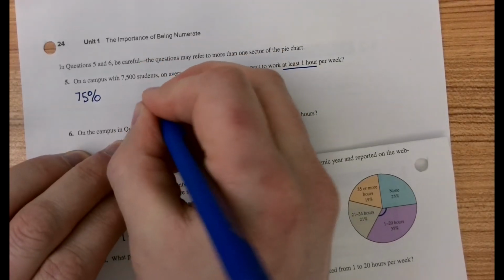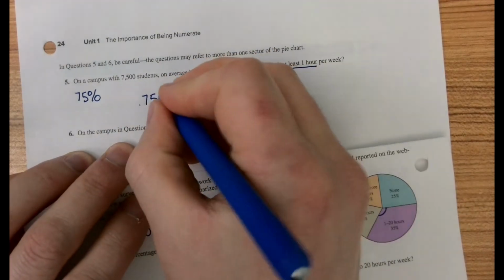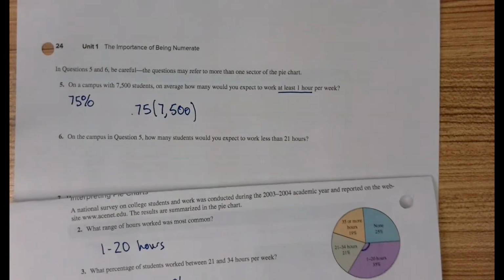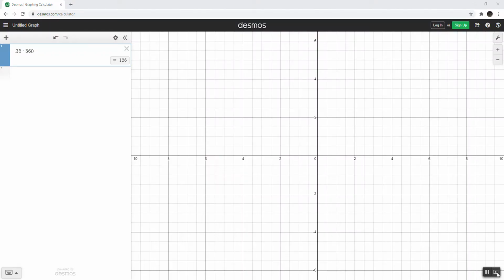So to calculate how many of our campus would follow that, we would use 75% of 7,500. So we'll skip over to Desmos for that again. And I'm getting 5,625 students we would expect to work at least 1 hour a week.